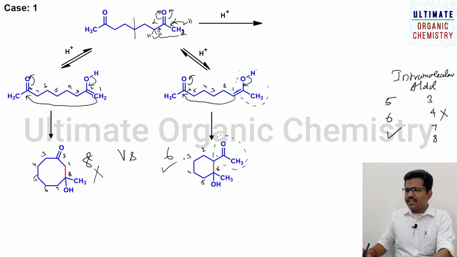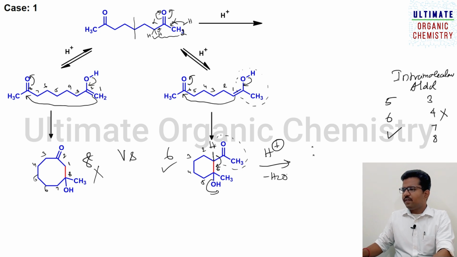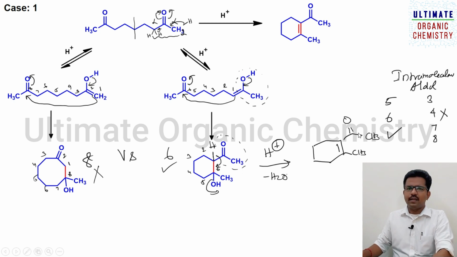Once it is formed, it will immediately undergo elimination of a water molecule in the presence of acid medium, and it forms this as a product. Now you can check this with this answer, that is the correct way.